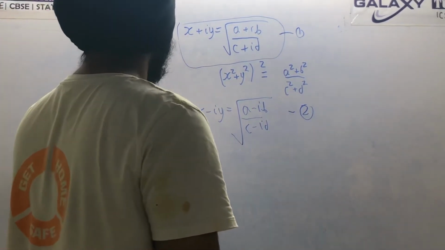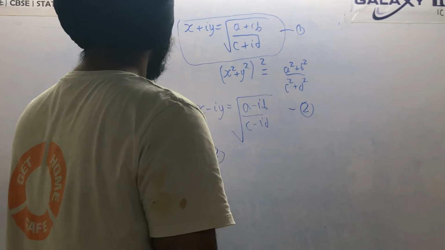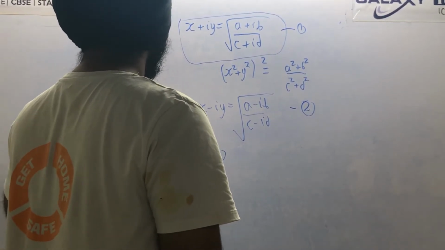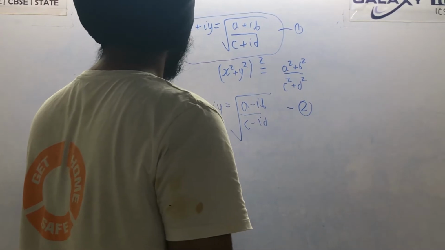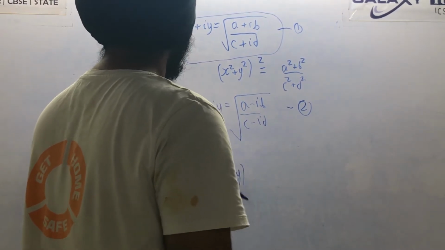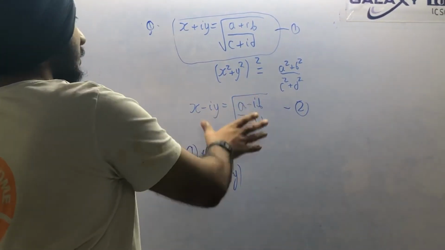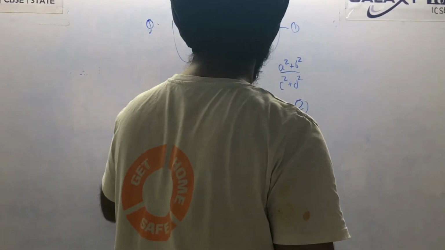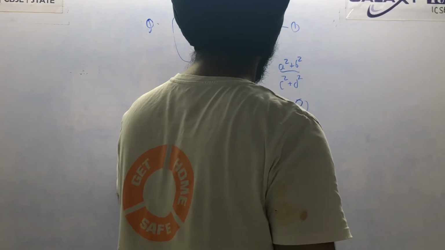Just let us see. 1 into 2. So this is x plus iota y into x minus iota y. Just take the conjugate on both the sides. So this is another equation.